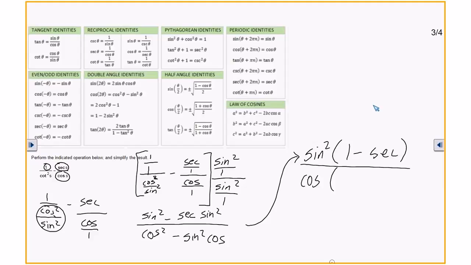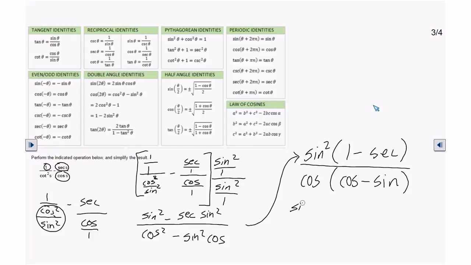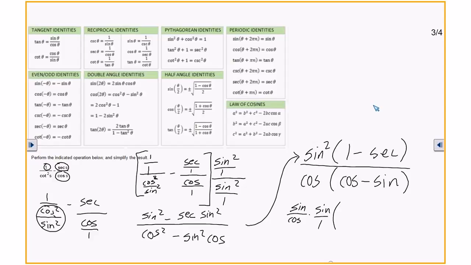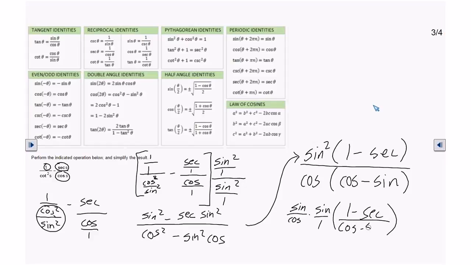That leaves us with cosine minus sine. And sine over the cosine is the tangent. So that's going to give us tangent, sine over cosine times sine over 1. And 1 minus the secant over cosine minus the sine.